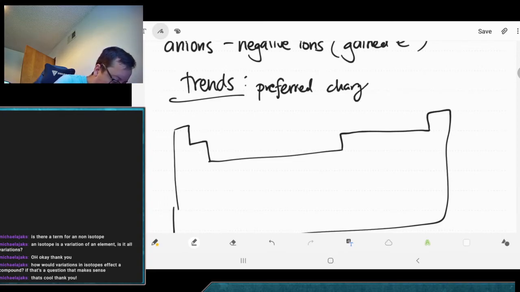We're going to see that there are certain numbers of electrons that are particularly desirable. And unfortunately, this is not something we're going to really talk about until Chapter 7, when we look at this a lot more closely. But suffice it to say, here in Chapter 2, we are just going to learn some patterns of preferred charges, and that's kind of as far as we're going to go.